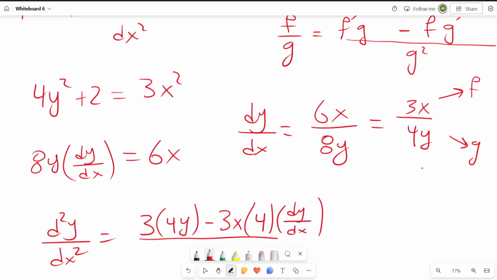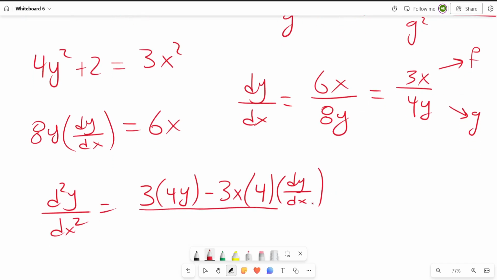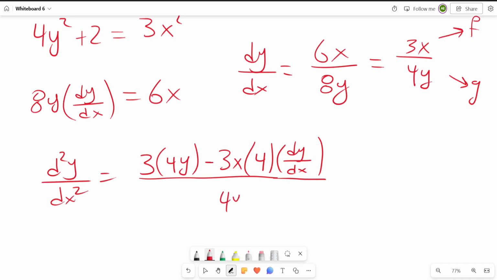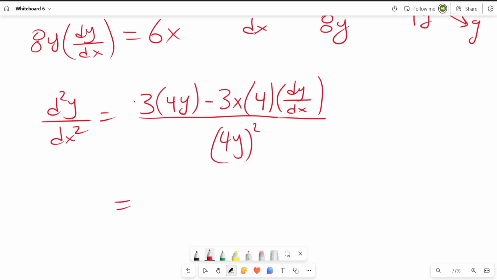Whenever I differentiate something that has a y in it, and I'm differentiating with respect to x, I will need to multiply the differentiation at the end by dy by dx, as we've been talking about, and all of this is over g squared, so it's over 4y all squared. So let's try and simplify. This term over here is going to be 3 times 4, so it's 12y, minus 3 times 4 is also 12x.